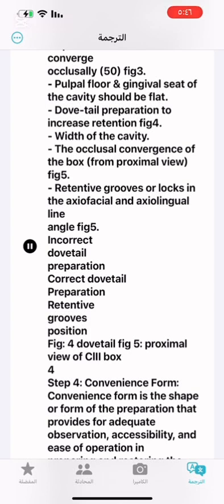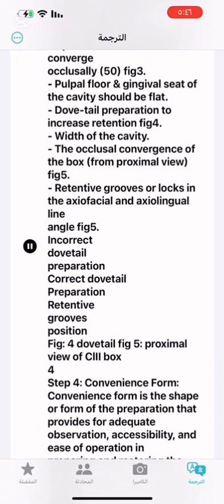Four surface or more cavity for posterior teeth, Fig 1c.